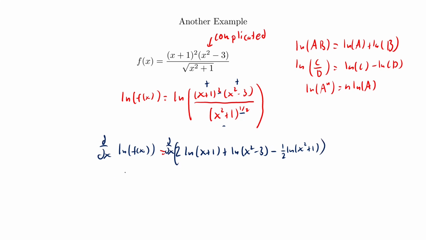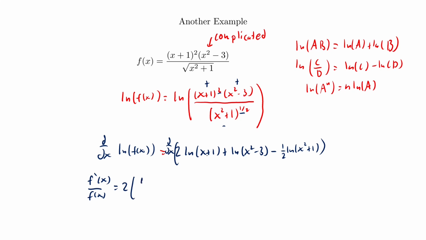And then, of course, we want to take the derivative of each of these sides here. So the left-hand side will just become f prime of x over f of x, just as I said before. And then the right-hand side, remember the rule here is that I just take the derivative of the inside function and divide it by the original function.